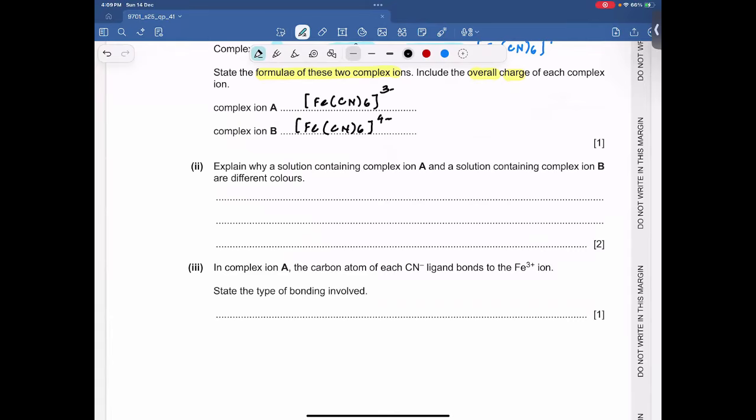Explain why a solution containing complex ion A and a solution containing complex ion B are different colors. Why are the colors different for both? So first of all, both of them have different oxidation states.